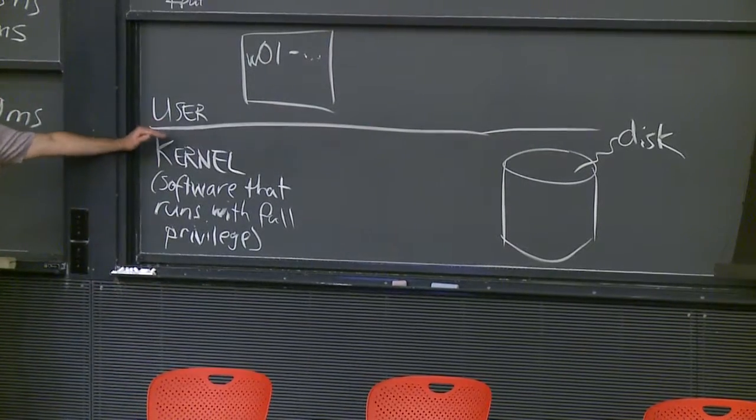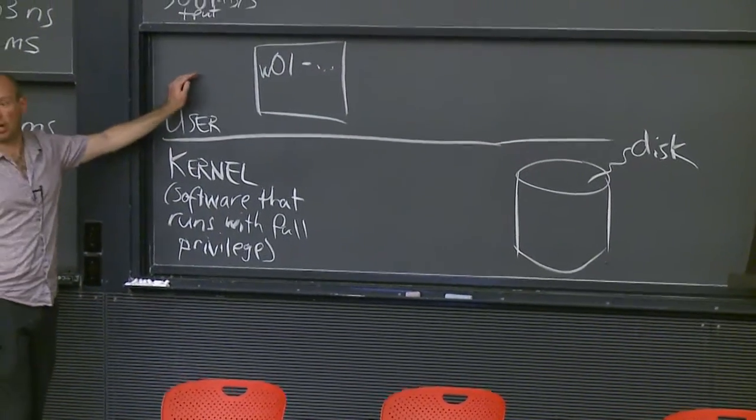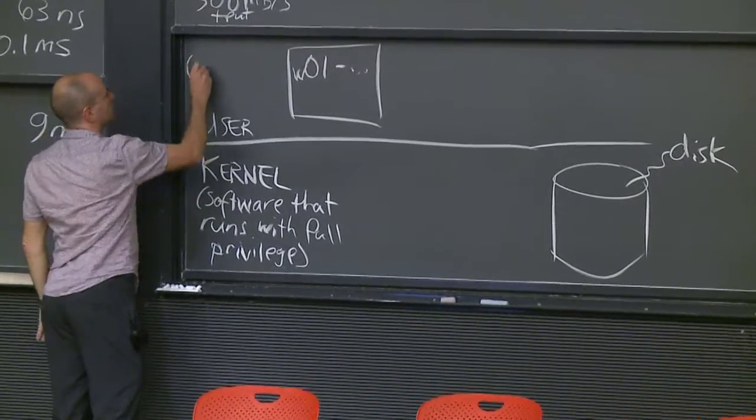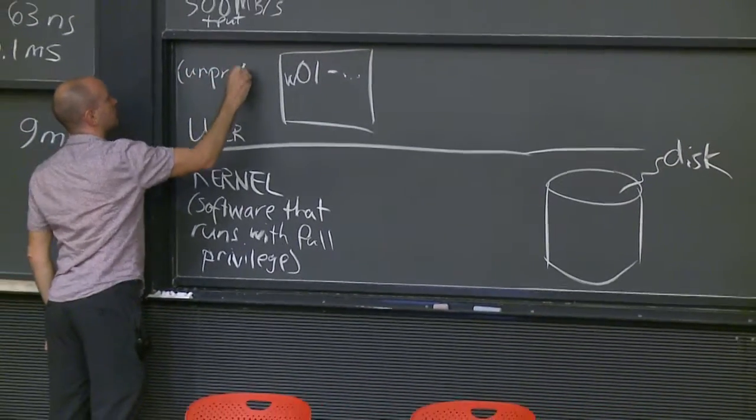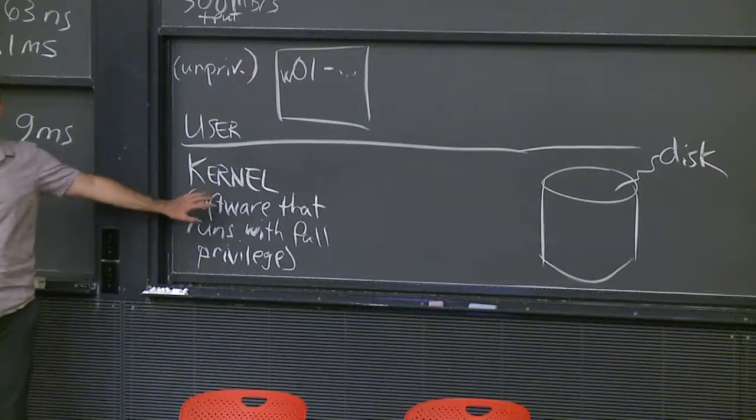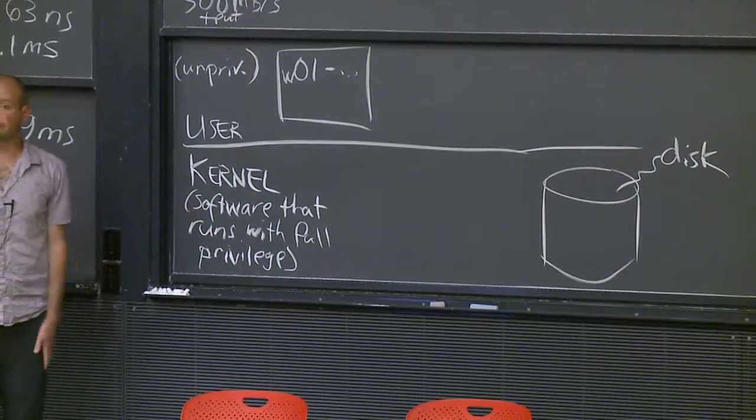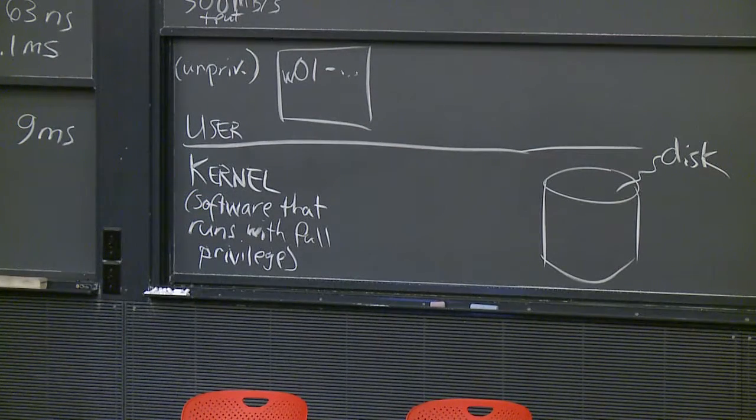So this boundary separates unprivileged code from the privileged kernel. So what operation does the user program use to talk to the kernel? We've seen them already. That's what a system call is.